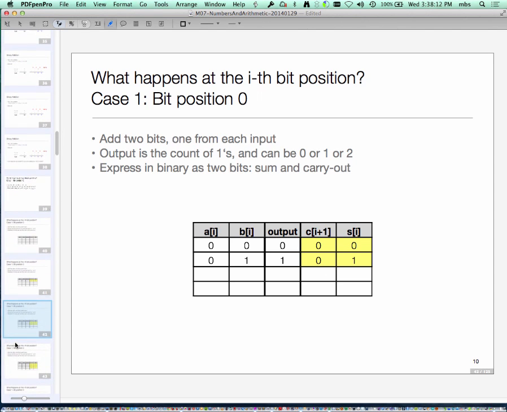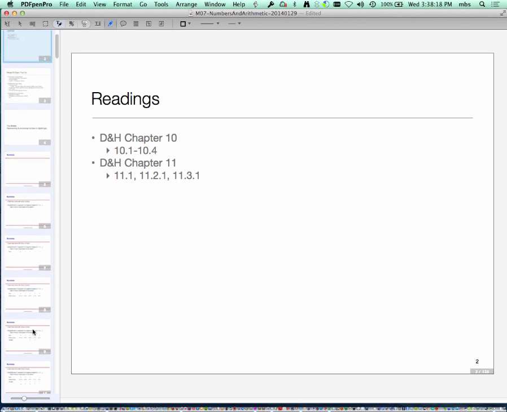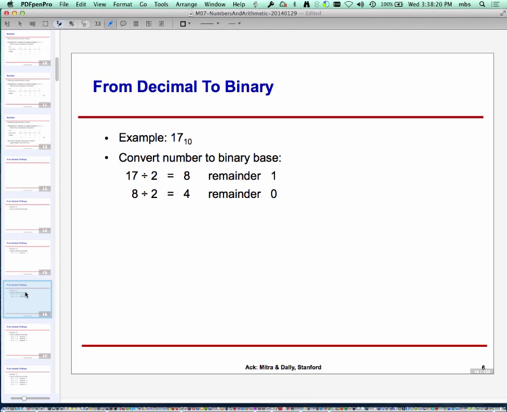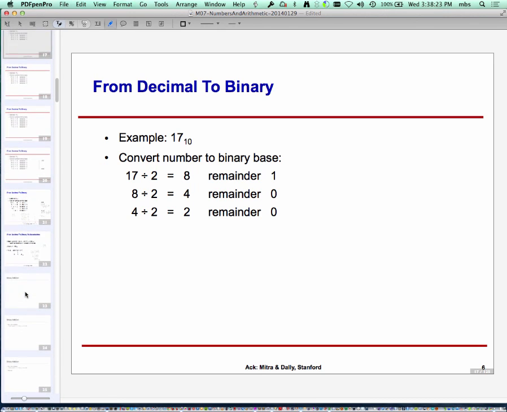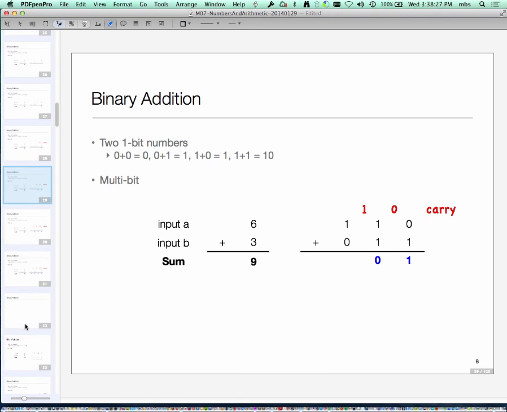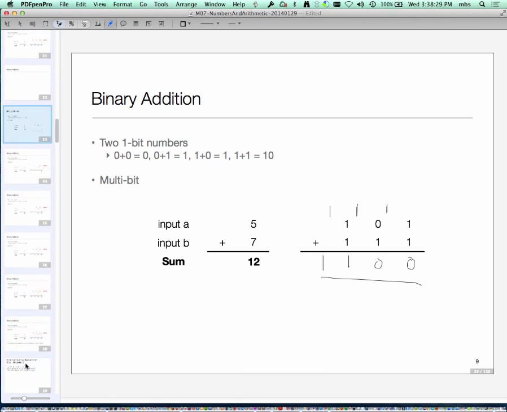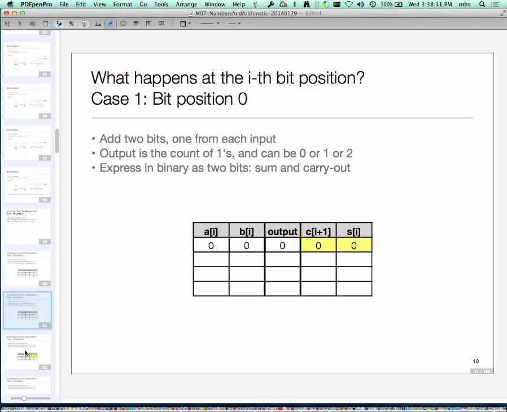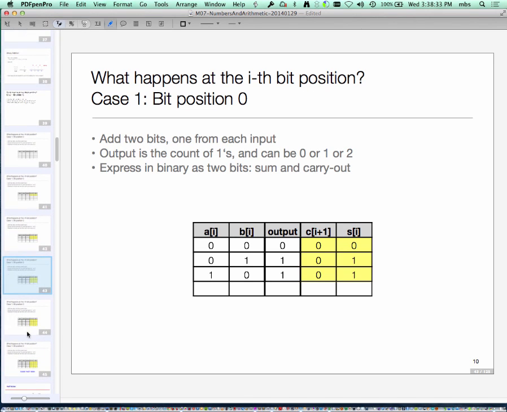I have the same thing for 1, 0, and finally, we have 1, 1, whose value is 2, which means I have a sum of 0 and a carry of 1.